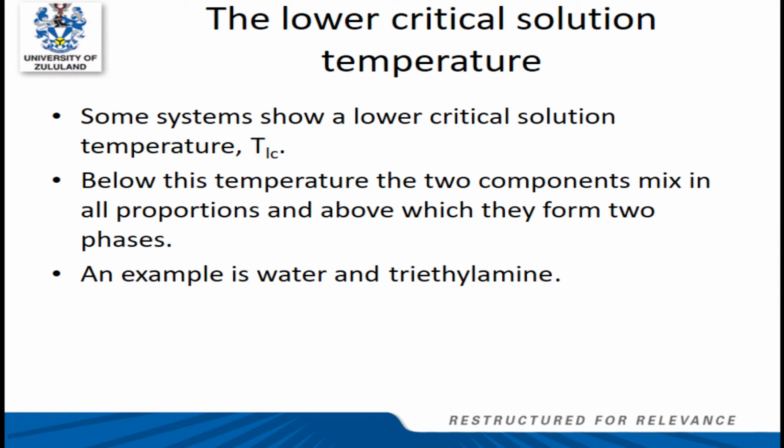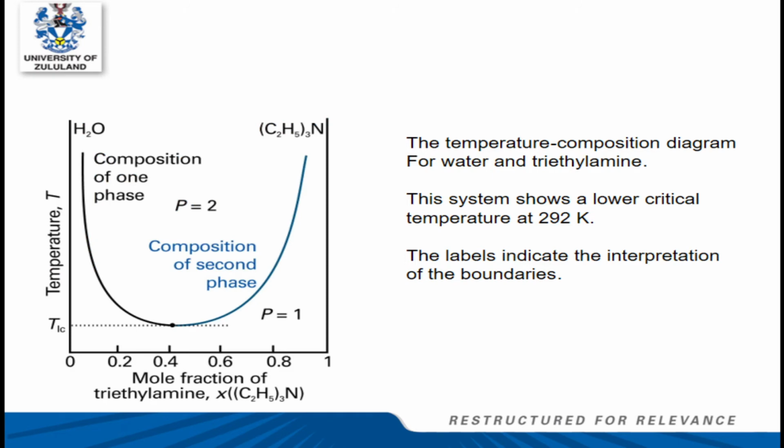A typical example where we have the lower critical temperature is a mixture of water as well as triethylamine. This is how the phase diagram of the composition of water and triethylamine will look.